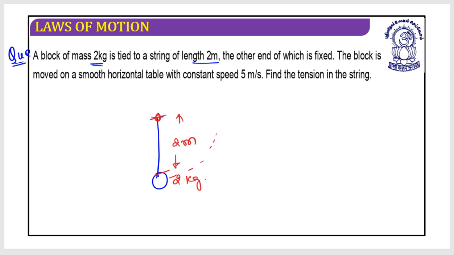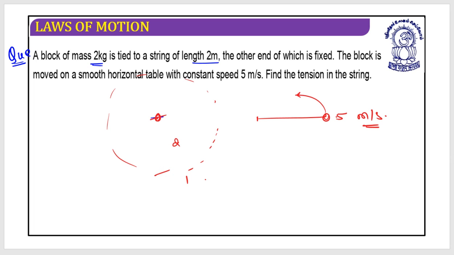It is moving horizontally. Let's suppose this is horizontal motion. It has been drawn as vertical, but it is something like this, and it is going to move like this, on the smooth horizontal table with a constant speed of 5 meter per second. I need to find the tension in the string.